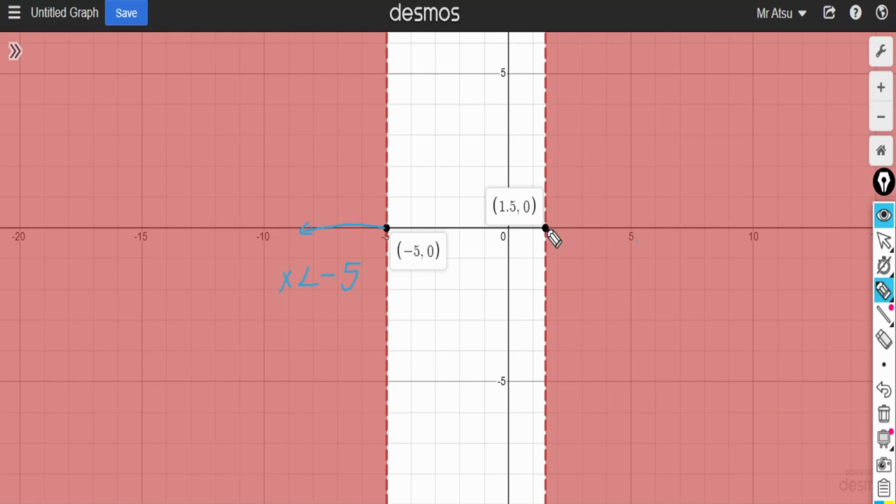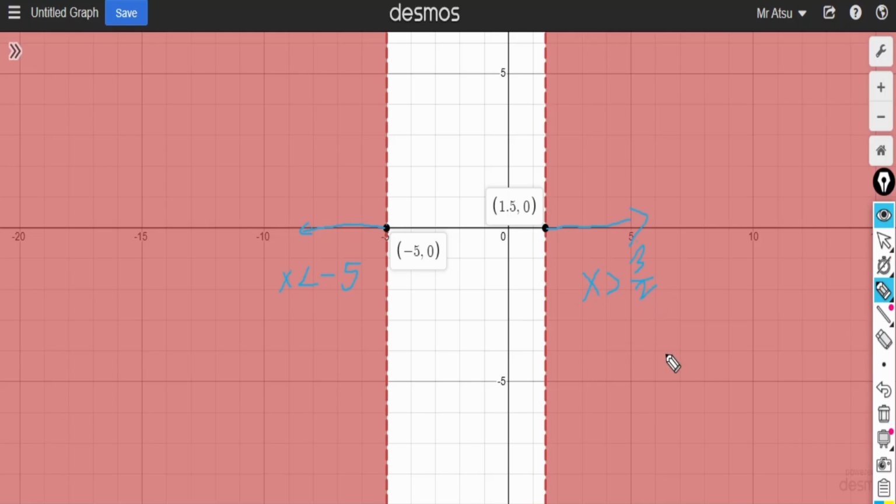And then also the shaded region to the right is all the numbers to the right of 1.5, which if we want to write as an inequality, it will be x greater than 3/2, which is the same as 1.5.